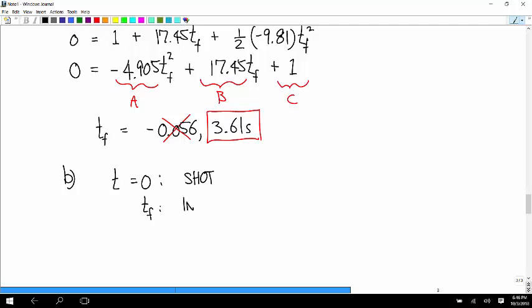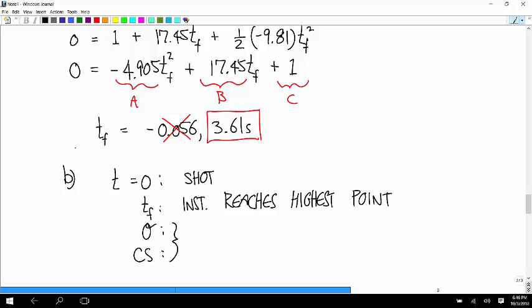So this has to be at the instant that it reaches its highest point. The origin location and the coordinate system orientation, I'm going to keep those the same.